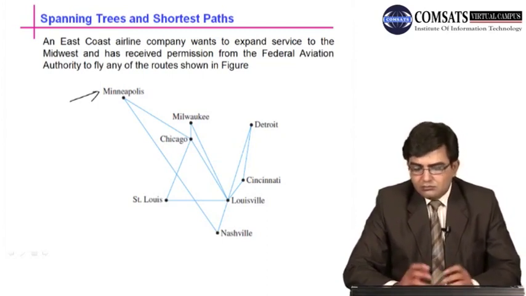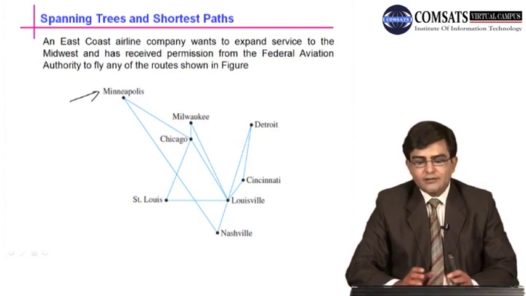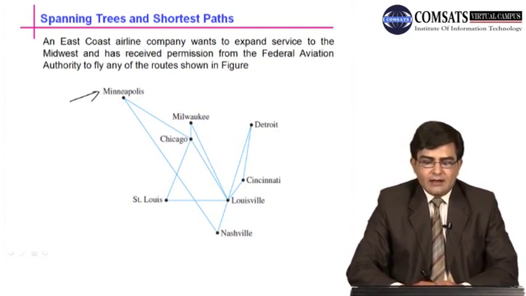So this is basically the graph of the cities, and we have to find a tree so that all these cities are connected.